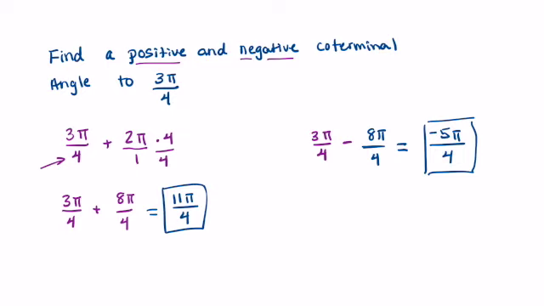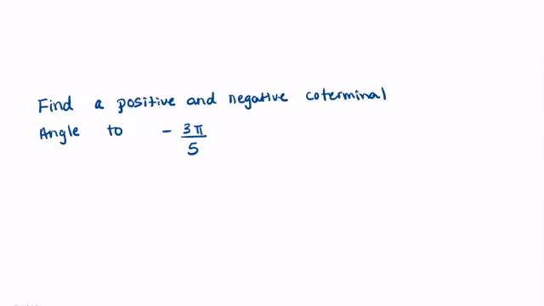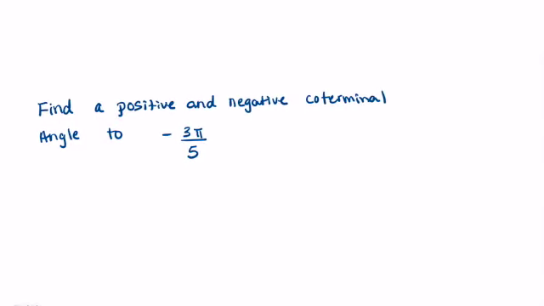Again, coterminal angles are two angles that share the same position but have different angle measures. Let's do some more. Here, we want to find a positive and a negative coterminal angle to negative 3 pi over 5. So we're going to add 2 pi to negative 3 pi over 5, and subtract it for the other.